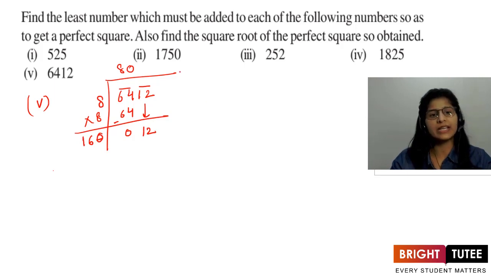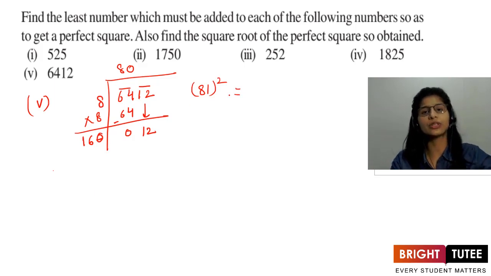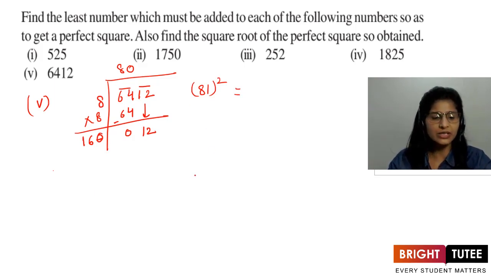Now what is the next number after 80? It is 81. Clear? We are going to do the square of 81. Can you tell what the square of 81 will be? It is 6561. Now from 6561 we have to subtract 6412.